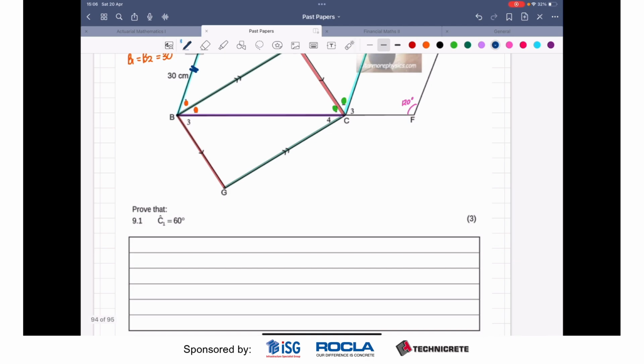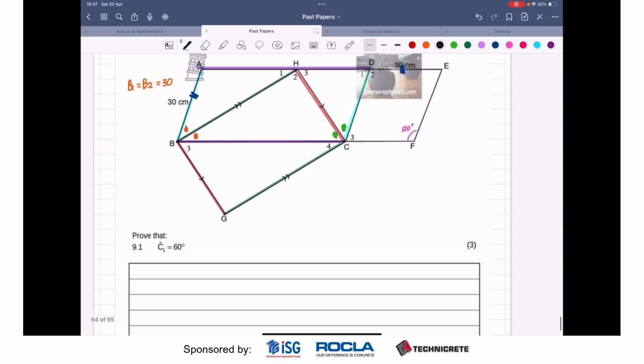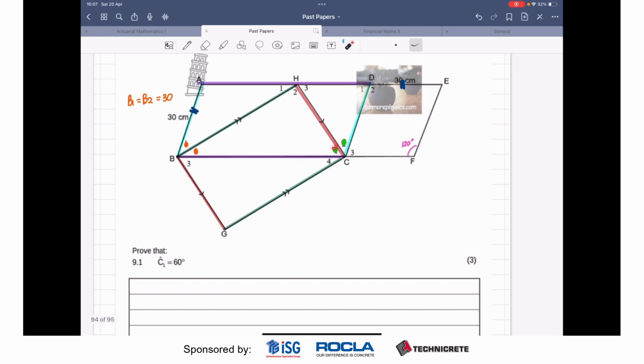Okay, so question 1 asks us to prove that C1, which is this one, that C1 is equal to 60 degrees. So first I know that this line AB is parallel to this line DC because I was told that it's a parallelogram, and I was told that this angle B1 plus B2 is 60 degrees, which means that angle C must be 180 minus this one because of co-interior angles for these parallel lines.